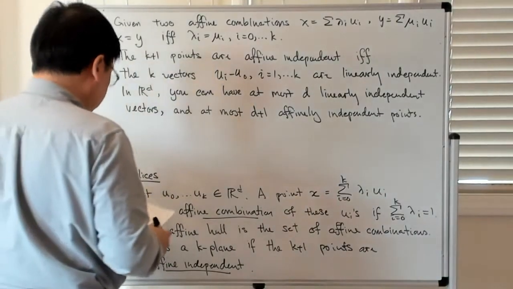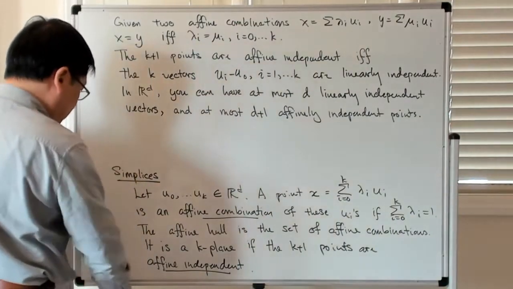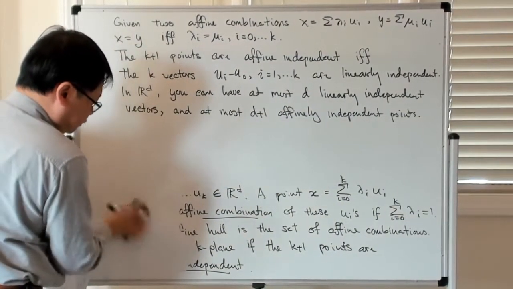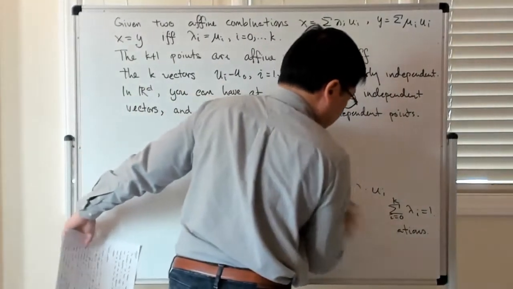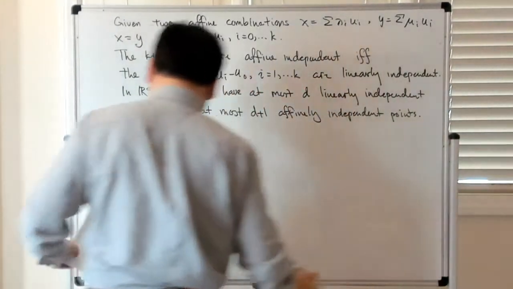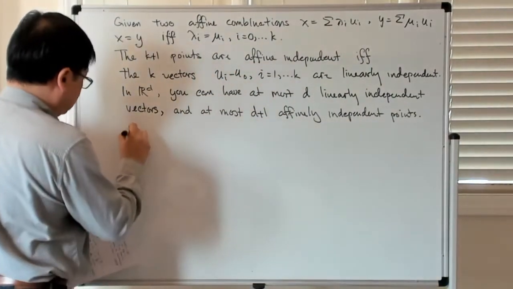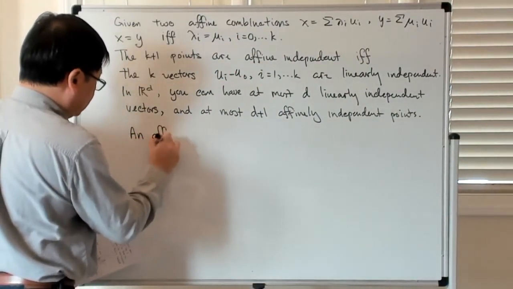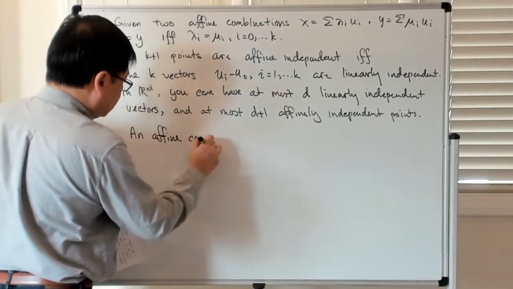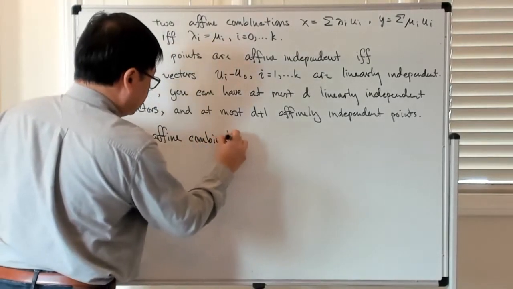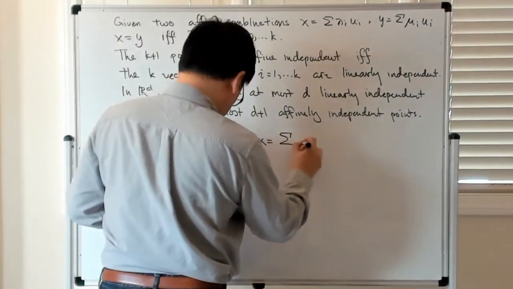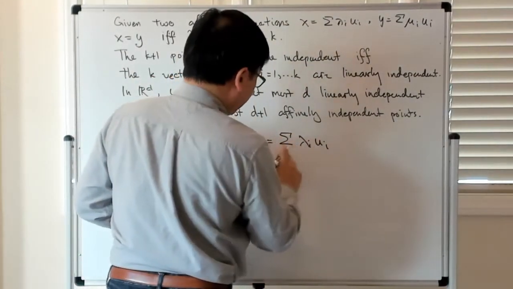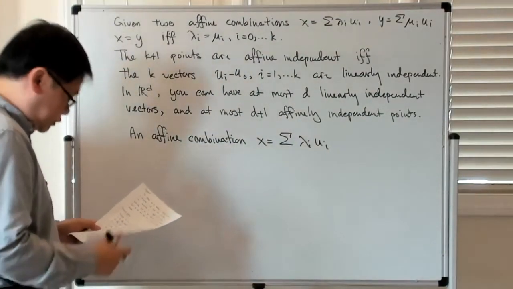Okay. All right. So let me maybe erase this. So in an affine combination, x equals the sum of lambda i mu i. Again, the sum is from i equals 0 to k.